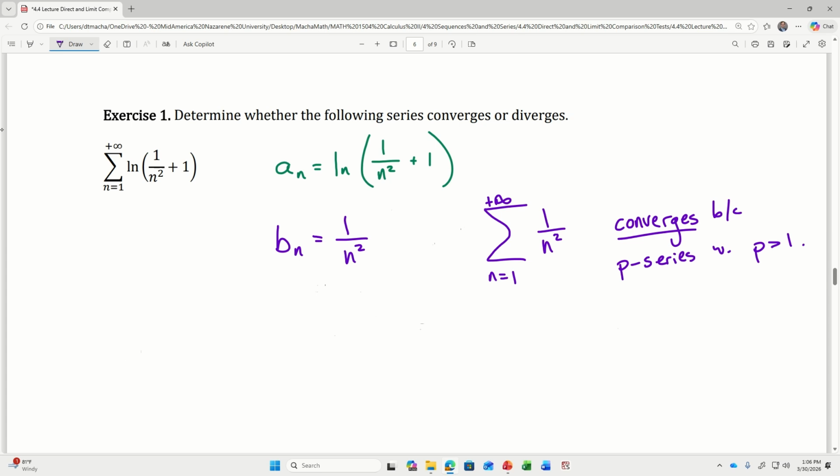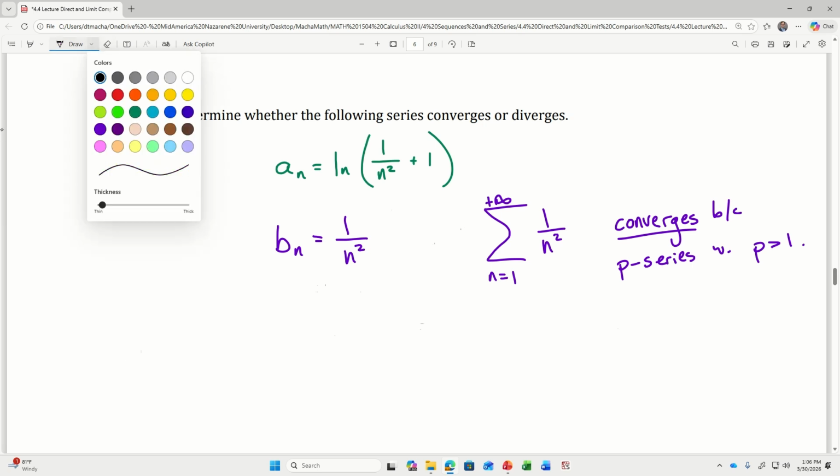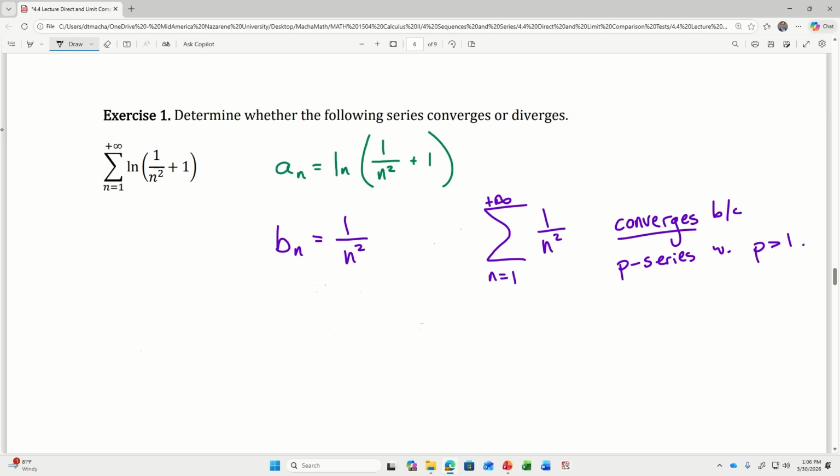So since bn converges, one thing I could figure out with the direct comparison test is if an were less than bn, then I could use the direct comparison test to claim that an converges. But I'm not 100% sure how I'd even show that. So let's not use the direct comparison test, because I don't know how to do that.